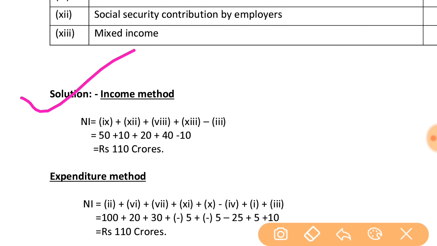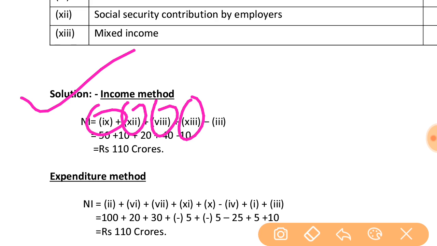So, income method. We already know the income method. In the income method, we measure national income from the side of payments made to the primary factors of production in the form of rent, wages, interest and profit. That is why here we have added 9, 12, 8 and 13.